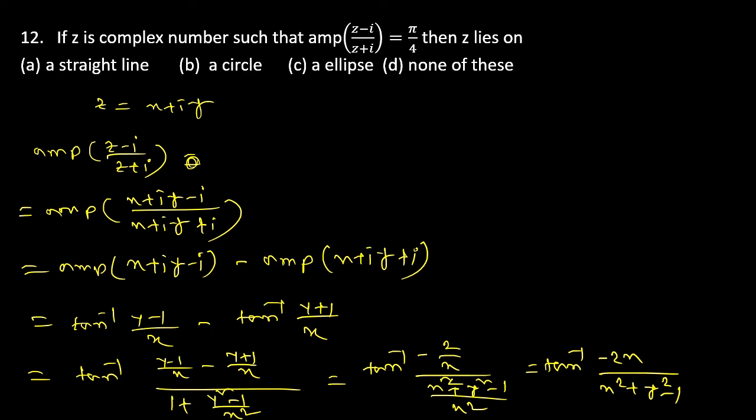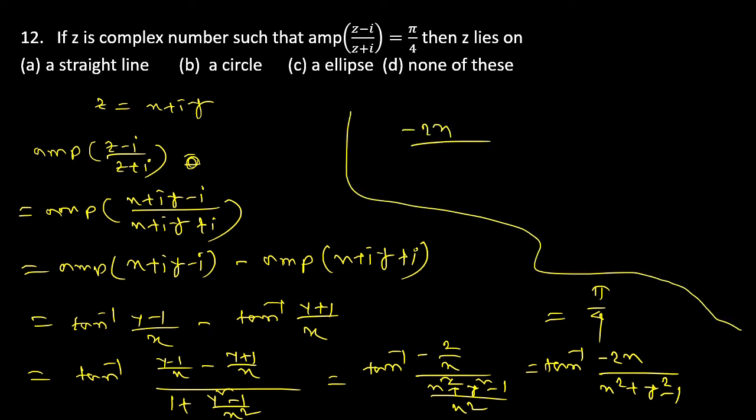Now the given condition is amplitude of z minus i by z plus i is pi by 4. So this is pi by 4. Then we get minus 2x by x square plus y square minus 1 is tan pi by 4, which means 1.